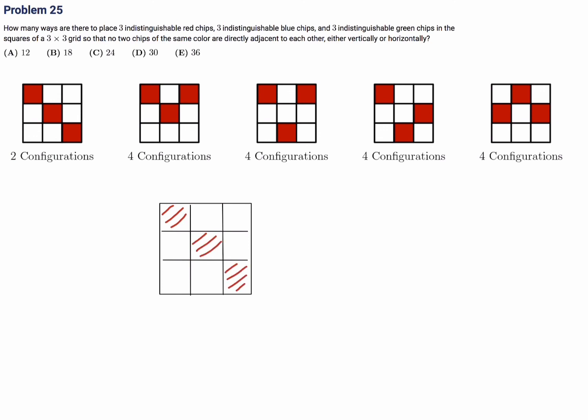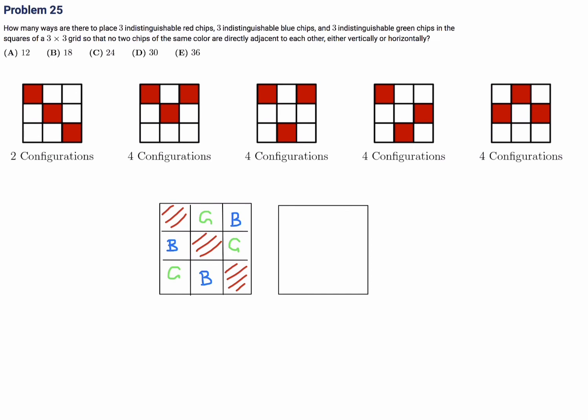Now, where do the blue and green go? I can put blue here, but then I can't put blue here or here because that would break the rule. So I got to turn my attention and put blue there and then blue there. And then the greens obviously would go in the remaining 3 places. So that is one way of putting the blue and the green.